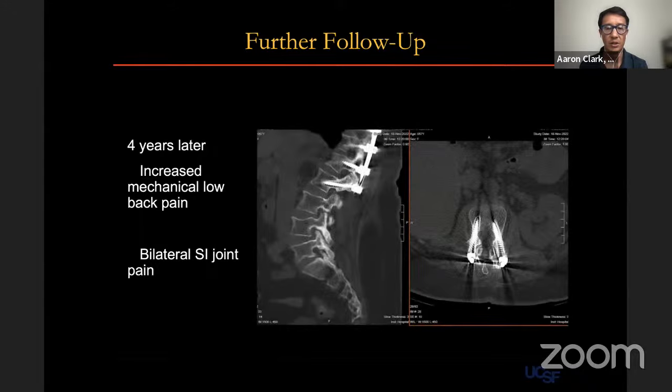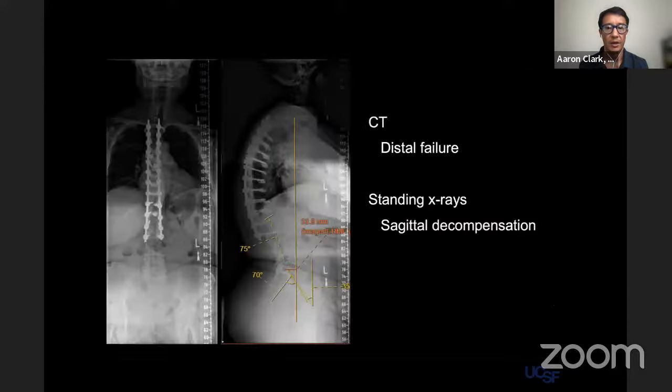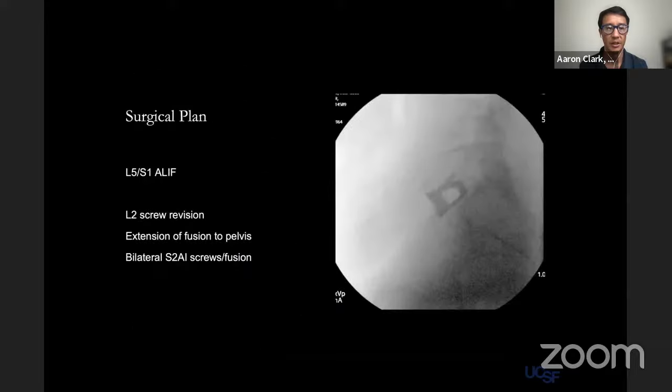And what you'll see here is that she developed DJK with significant lucencies around the bottom screws, and she was slowly starting to decompensate in the sagittal plane.